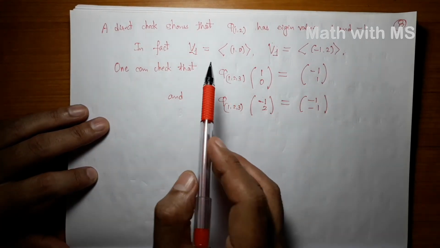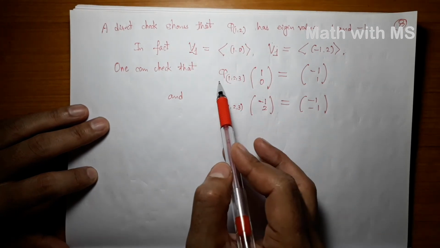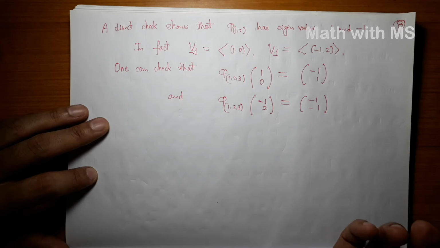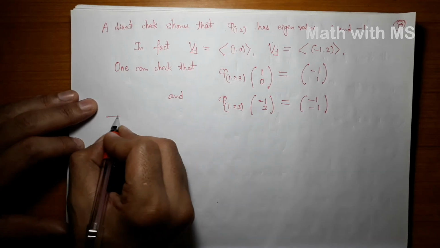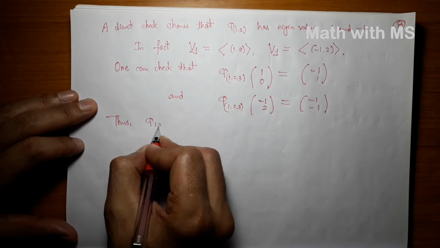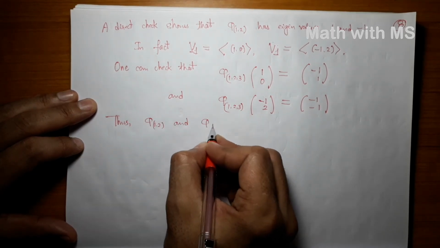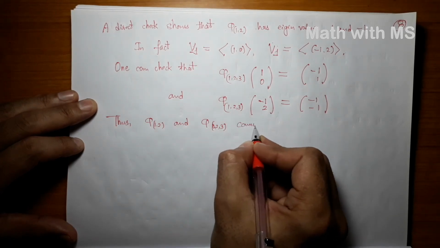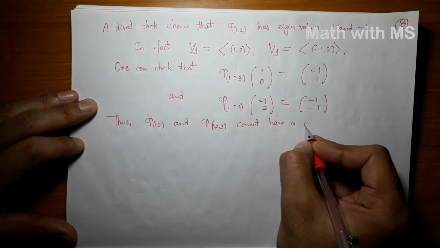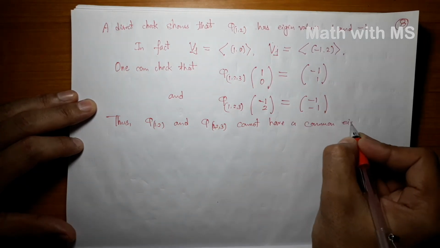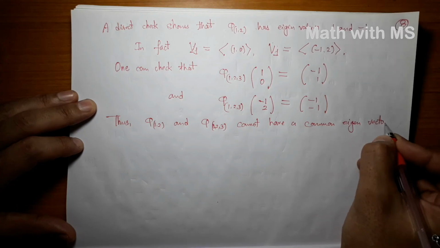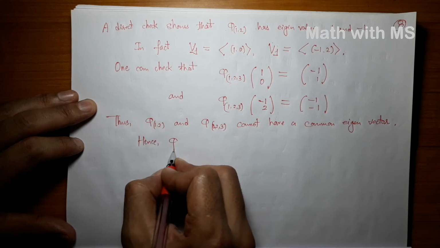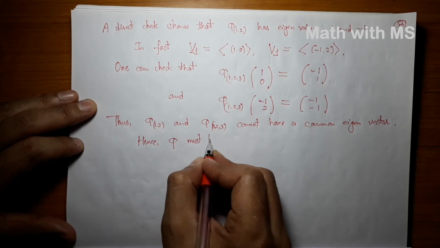So therefore the matrices phi (1 2) and phi (1 2 3) cannot have any common eigenvector, which is a contradiction, right? Thus phi (1 2) and phi (1 2 3) cannot have a common eigenvector, and hence the representation phi must be irreducible.